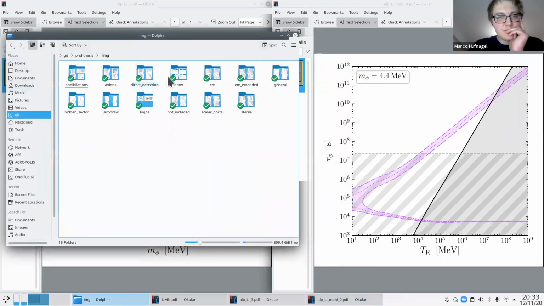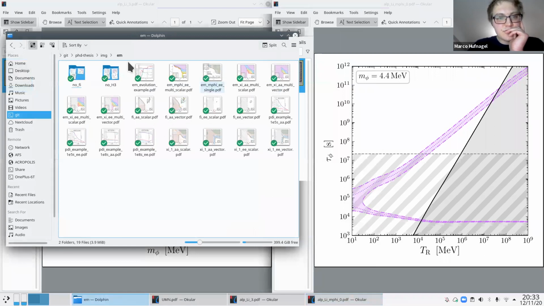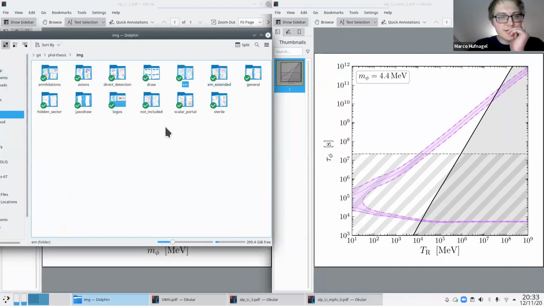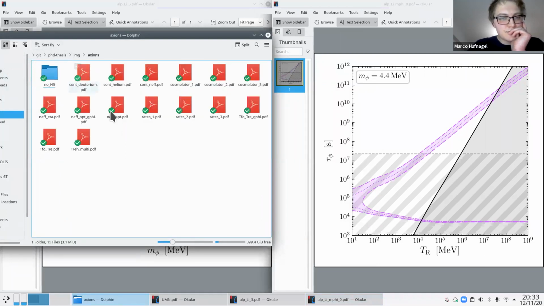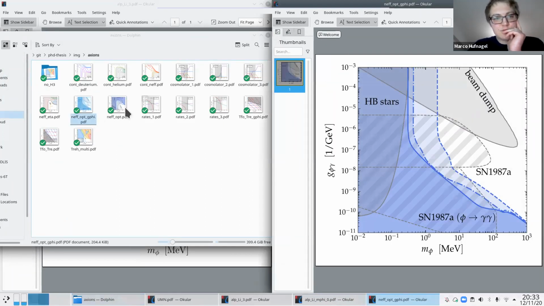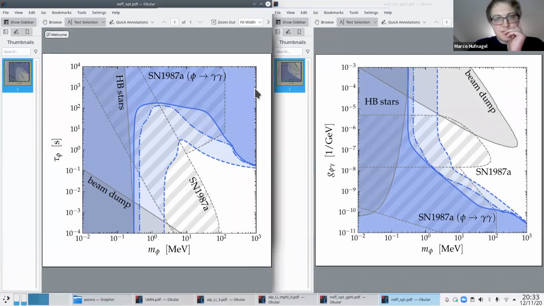I just have to check whether I have the same plot. Yes, I have. So 10 to the 4 seconds would be 10 to the minus 11, but it's quadratic, so you have to go to.